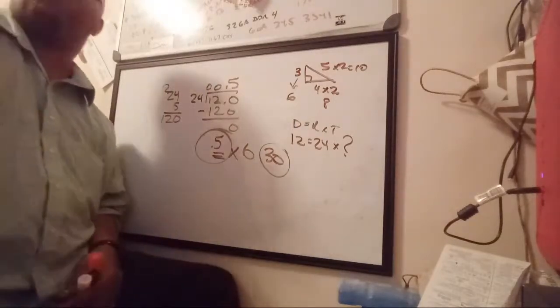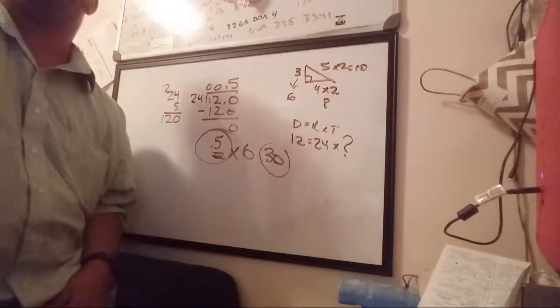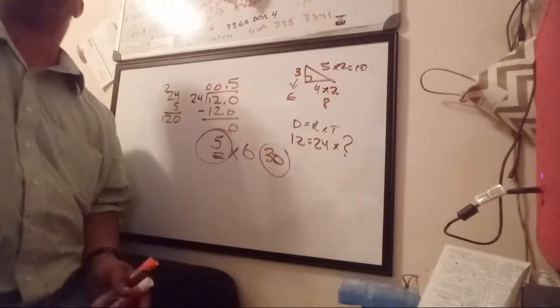Okay, a team won 25 games in a 40-game season. Find the ratio of games won to games lost.